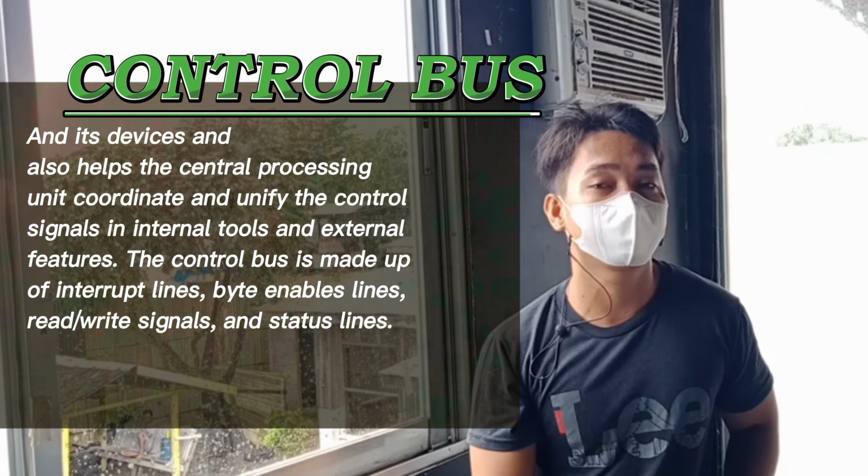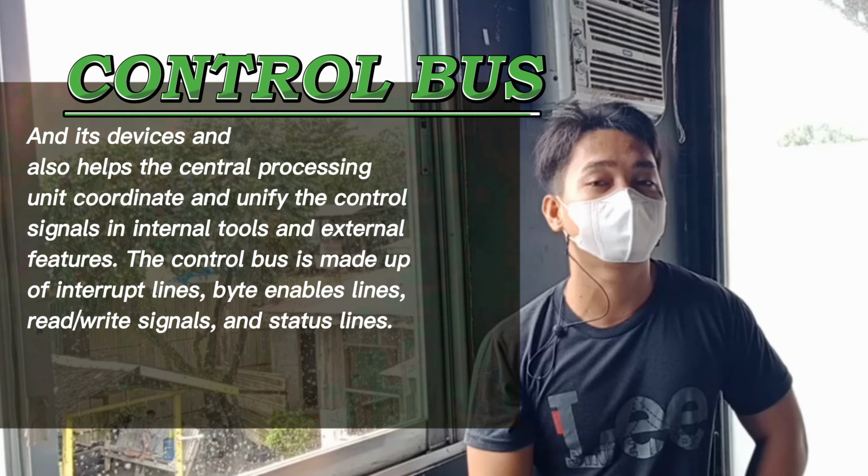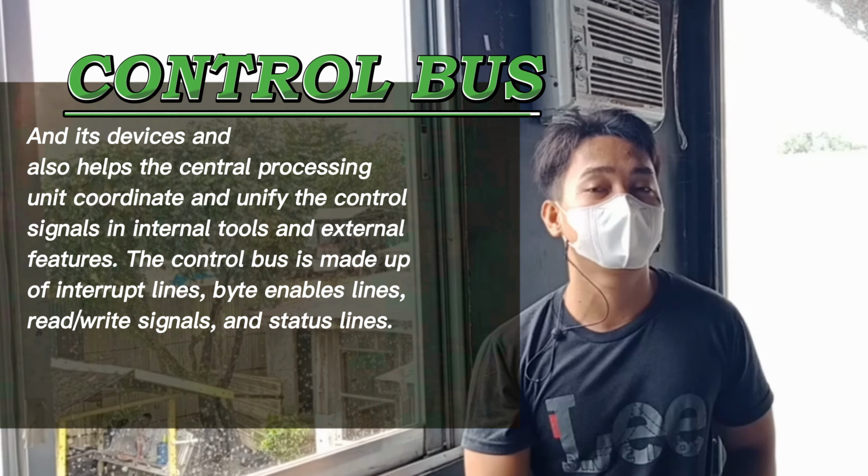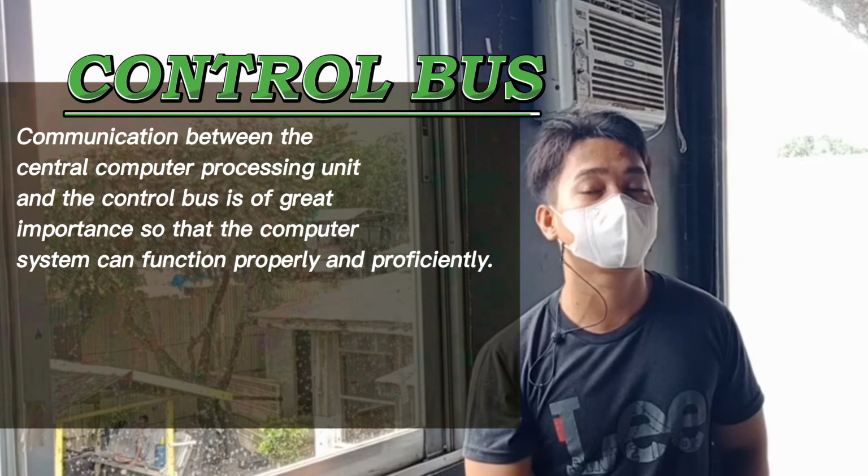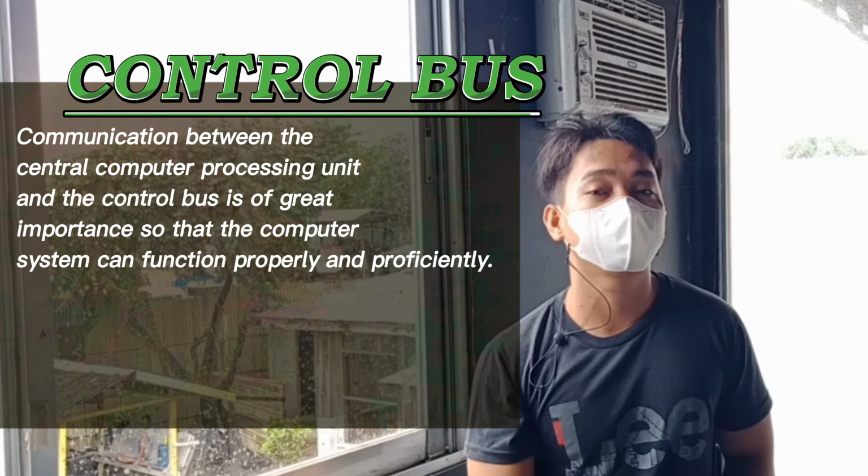The control bus is made up of interrupt lines, enable lines, read-write signals, and status lines. Communication between the central processing unit and the control bus is of great importance so that the computer system can function properly and efficiently.